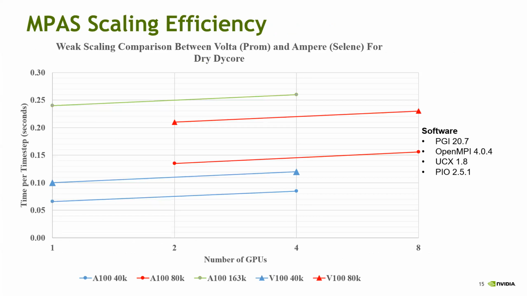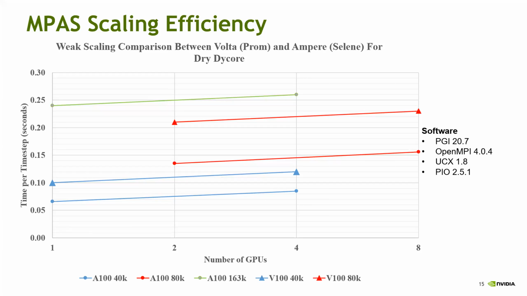Talking about Ampere, here is the comparison between Volta and Ampere weak scaling curves for the dry dycore. You can see that all the triangles are the Volta architectures and all the circles are the A100, and the colors represent the simulations they're running.